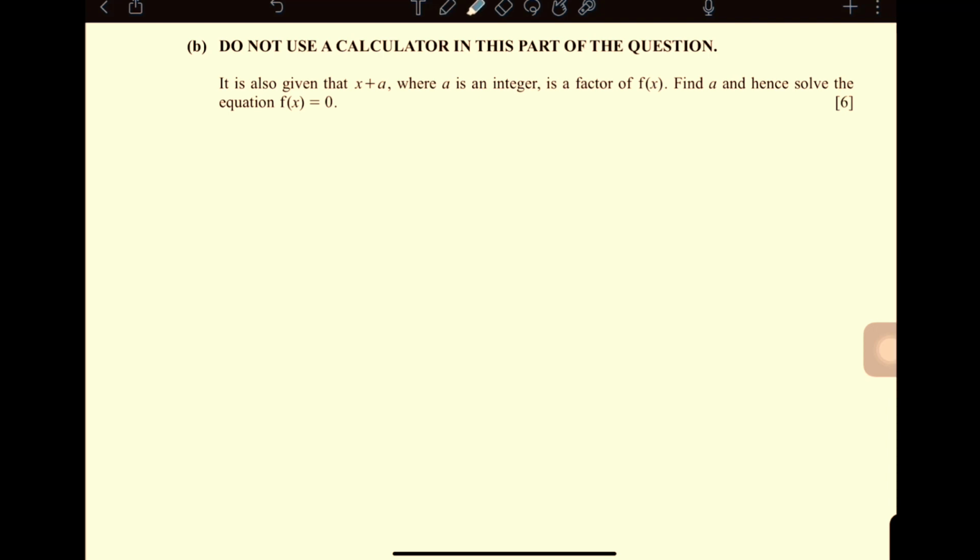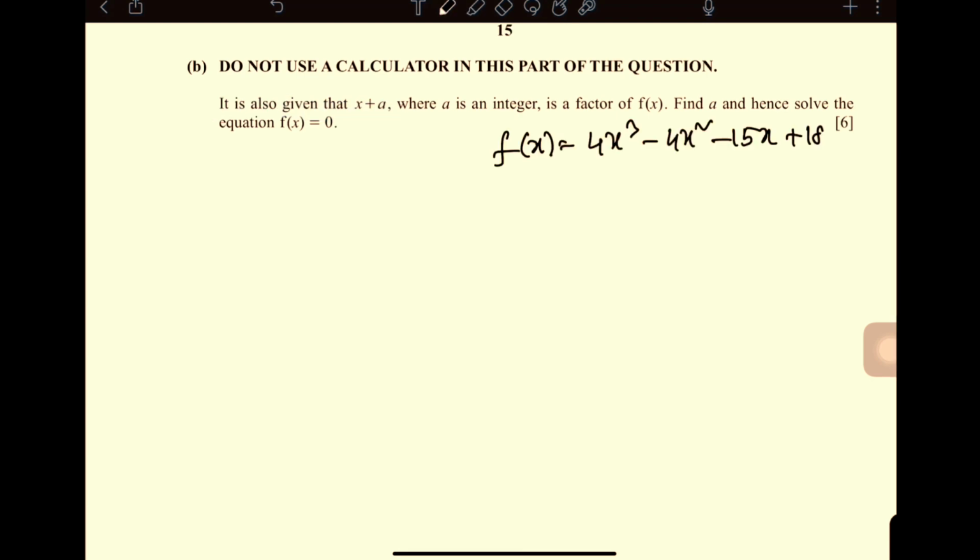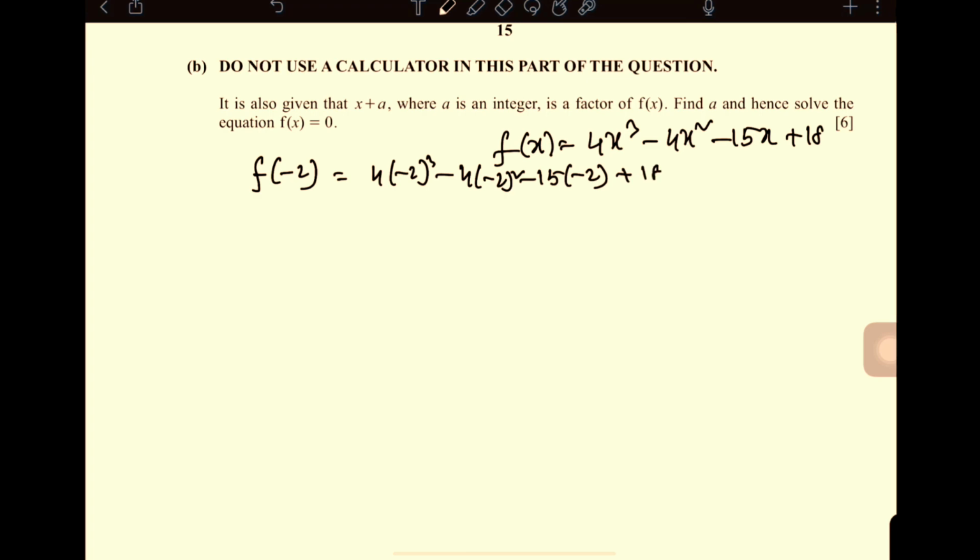Now it is also given that x plus a, where a is an integer, is a factor of fx. We need to find a. It's from remainders and factors theorem. So what can be the factors of this one? Let me substitute x equals to minus 2. Let me check with this. 4 times minus 2 cube minus 4 times minus 2 squared, minus 15 times minus 2 plus 18.